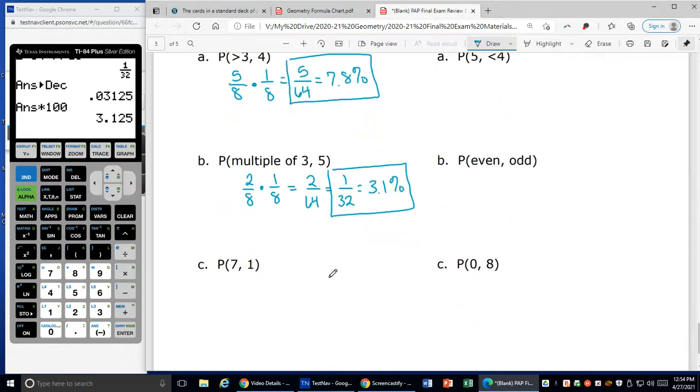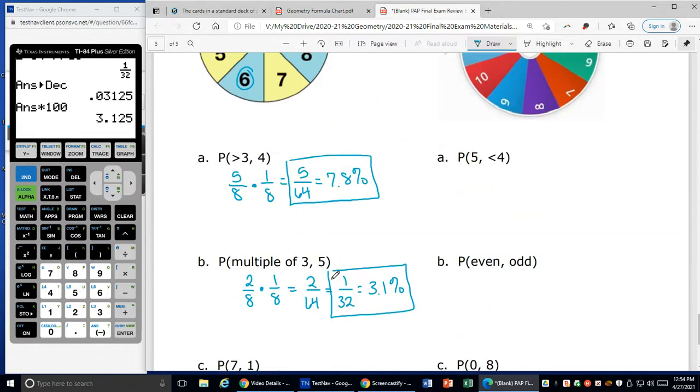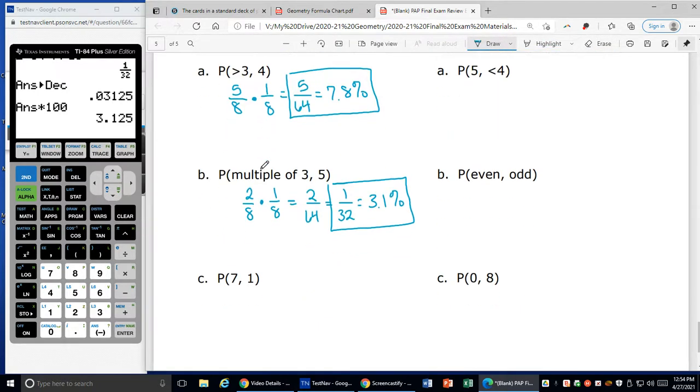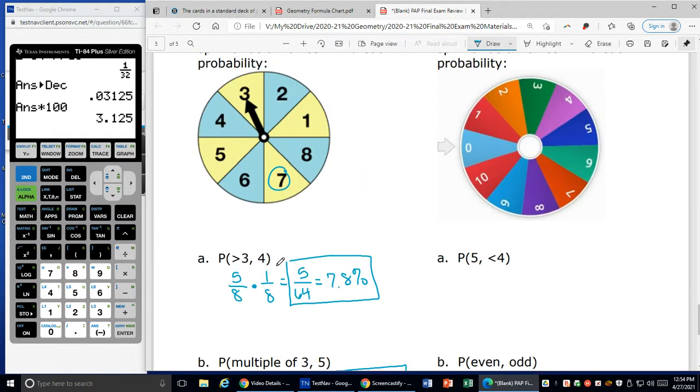And last but not least, what's the probability of landing on a 7 and then landing on 1? There's 1 7 on that whole board. Just the 1 7. So 1 out of 8 times, and then landing on a 1, there's 1 on the board out of 8.